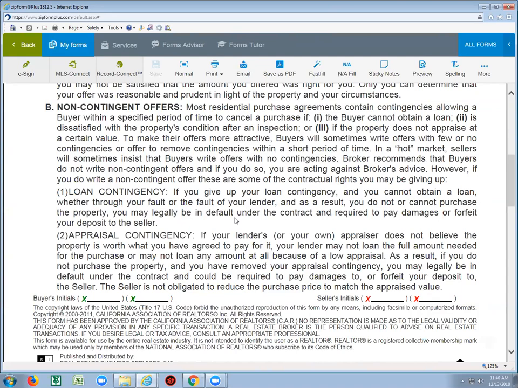Is there any way to verify a multiple counter offer? When the listing agent issues a multiple counter, they have to have received the offers. If somebody just says, I'm going to offer you, that's not considered an offer. You have to physically have the offer in front of you, and that's considered an offer.